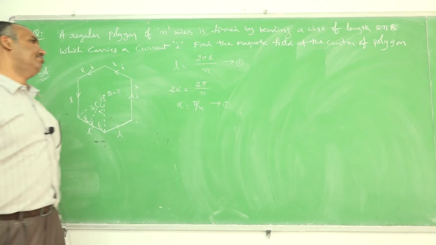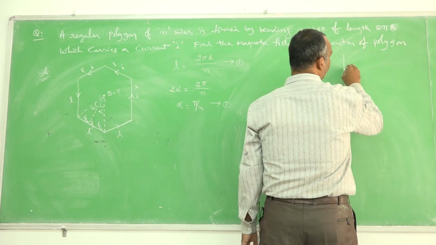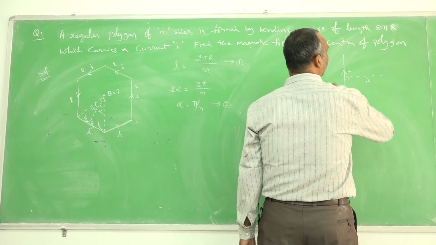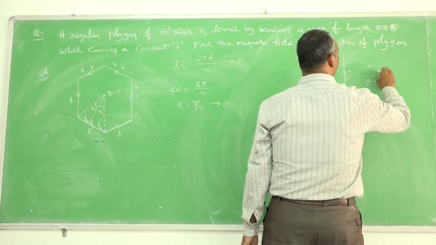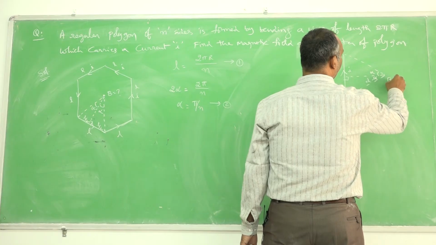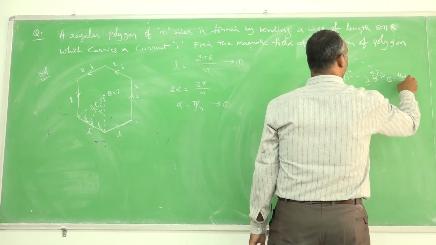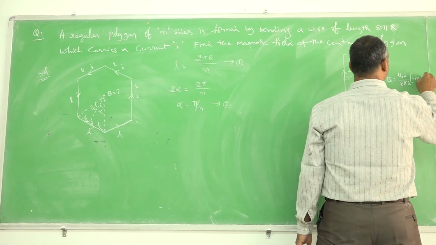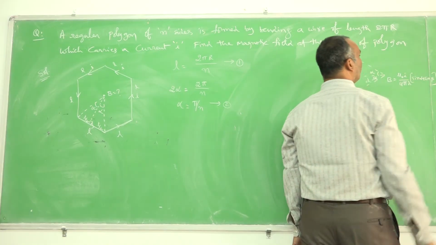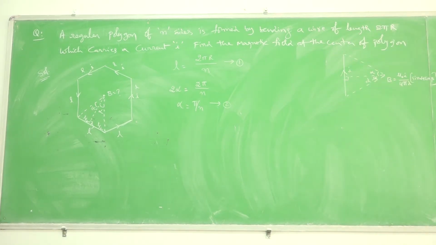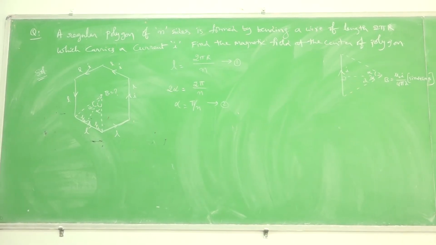You have a formula. If there is a conductor carrying current I, at a distance d from the conductor, if the angles made by it are alpha and beta, the strength of magnetic field is mu naught I by 4 pi d into sin alpha plus sin beta.